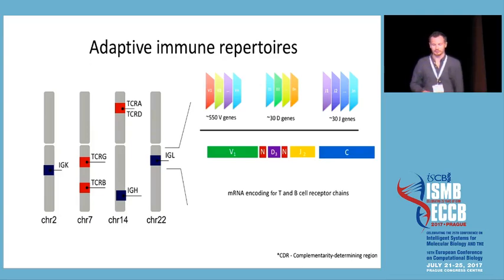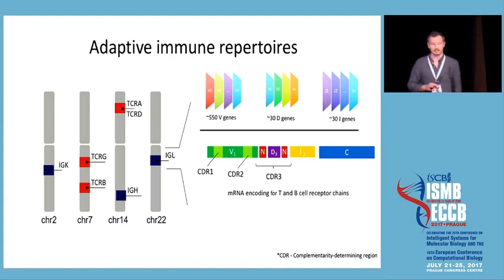A couple of definitions we will need in this talk. We'll be talking about the complementarity determining regions, and there are 3 of those. CDR1, which is within the V gene, as well as CDR2. But the most interesting one is CDR3, which spans the junction and includes part of the V gene, the entire D gene, and part of the J gene, as well as the non-template insertion.